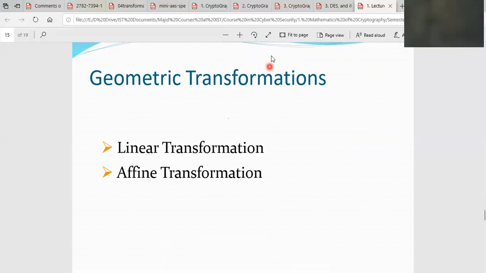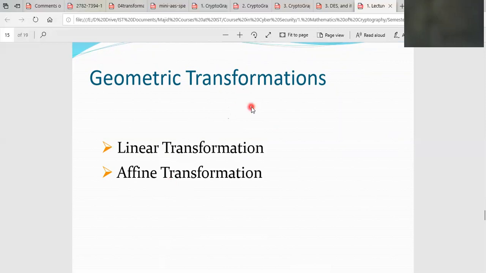The linear transformation is fundamentally required while you are developing any diffusion component, whereas affine transformation is fundamentally required whenever you want to construct a confusion component, which means a non-linear component.